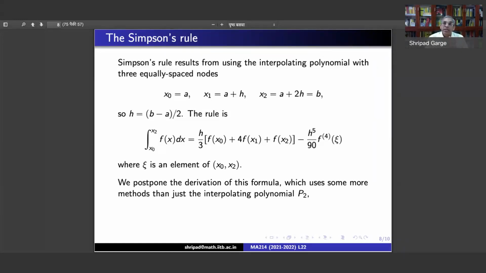The Taylor formula is f of x equal to f of x1 plus f prime of x1 times (x minus x1) plus f double prime of x1 upon 2 times (x minus x1) square plus f triple prime of x1 upon 3 factorial, which is 6, times (x minus x1) cube, and so on. And then the error term is in terms of the fourth derivative.